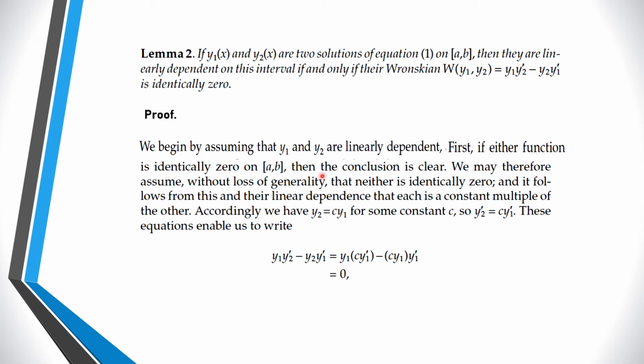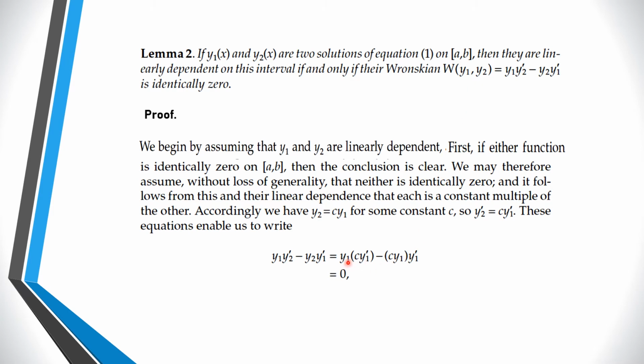Now what is given to us is that these two solutions are linearly dependent, so it means one can be written as some constant multiple of the other. So let's suppose y2 is c times y1, where c is any constant. Now we can find the derivative of this, so y2 prime will be c times y1 prime. Now you can substitute the values of y2 and y2 prime in the Wronskian.